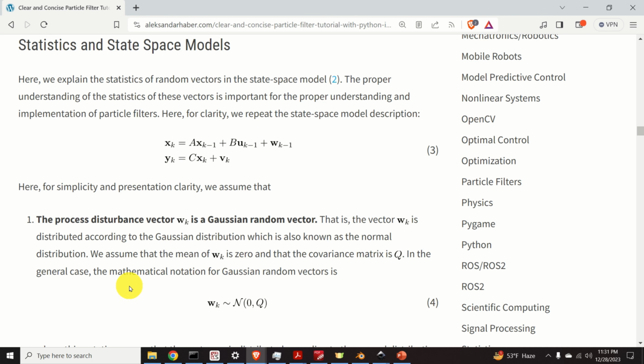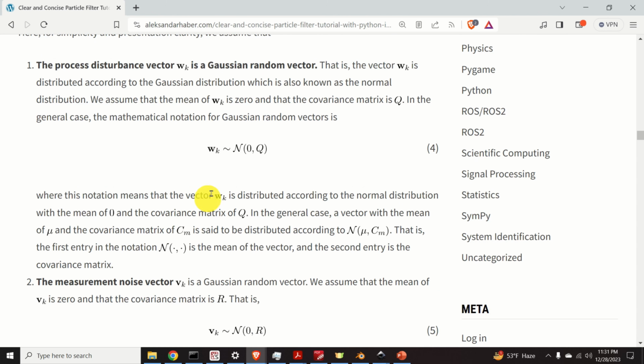In the general case, the mathematical notation for Gaussian random vectors is wk, and then we have this symbol here that looks like a similarity symbol. Then we have calligraphic N, and inside we have 0, q. This notation means that the vector wk is distributed according to the normal distribution with a mean of 0 and with a covariance matrix of q.